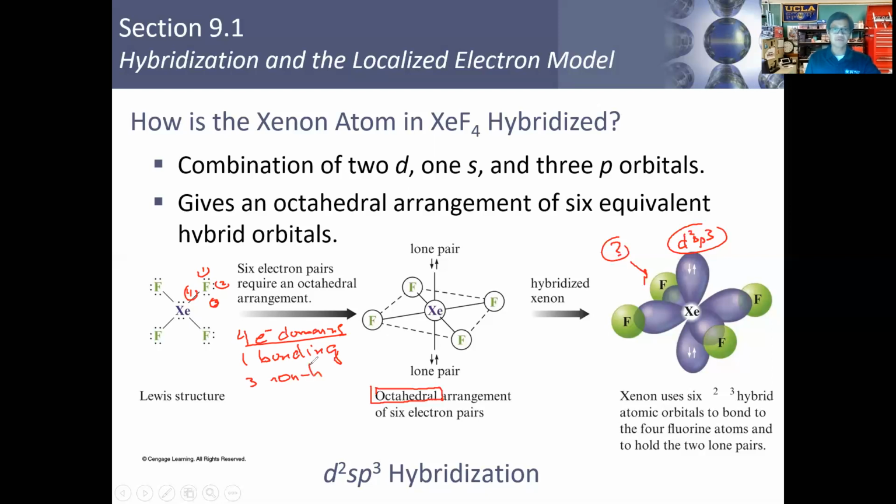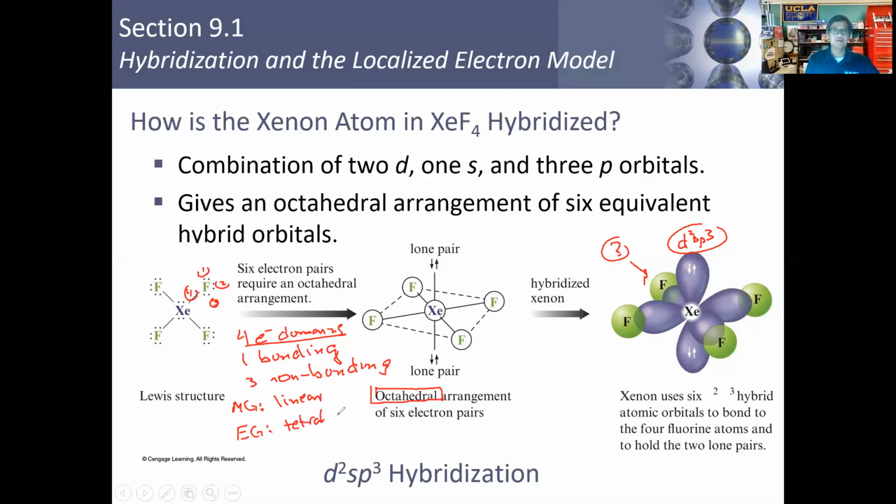Hopefully this is all review for everybody, because this is from back in chapter 8. If we have 1 bonding domain, obviously the molecular geometry is going to be linear, since we only have 1 bond. However, since we have 4 total domains, the electron geometry here is going to be tetrahedral.